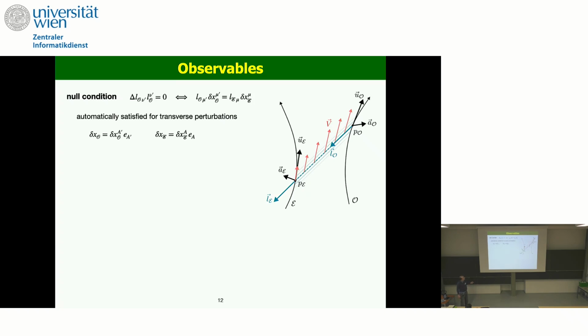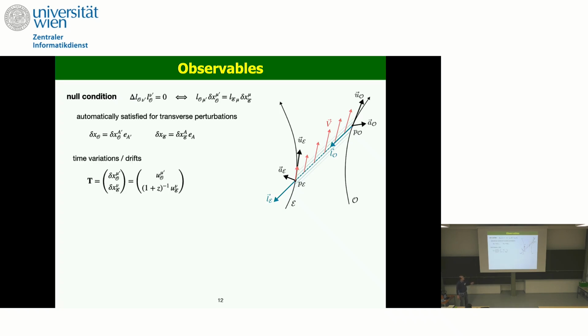You just have to make sure that the variation of x times the tangent vector at O and the variation at E times the tangent vector at E, that these products have to be equal. If this is satisfied, then the perturbed geodesic will also be null. This is automatically satisfied if you have just transverse perturbations, in the sense of O and E being perturbed in transverse directions. But if you are also interested in time variations, this is not a trivial condition.